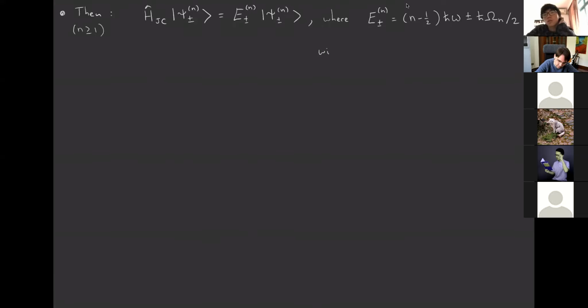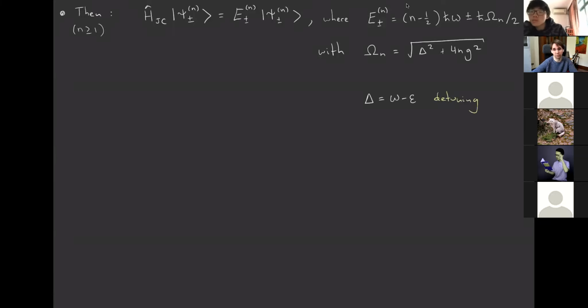Where this omega n is given by this thing here, the square root of delta squared plus 4 n g squared, where delta is something that we have already found. It's what we call the detuning between the optical field and the atomic transition, so the optical frequency and the atomic transition, which is just omega minus epsilon.